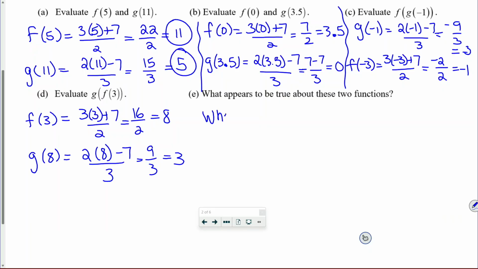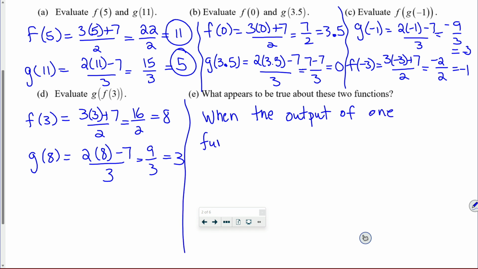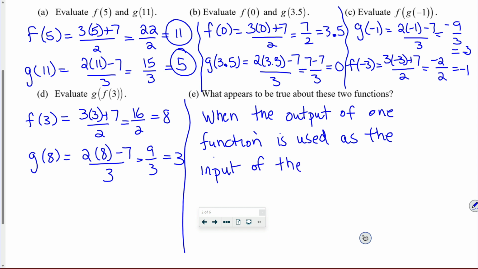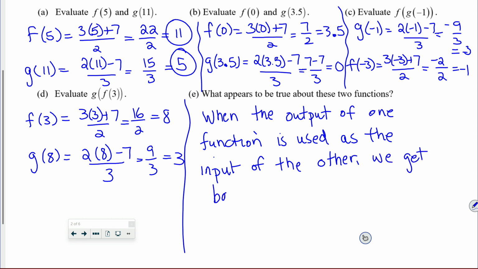So when the output of one function is used as the input of the other, we get back to the original input.